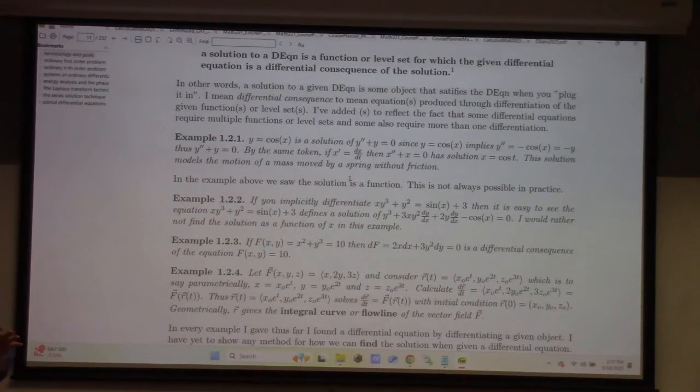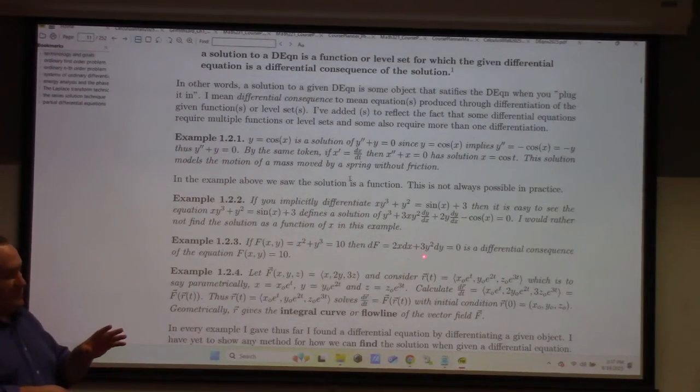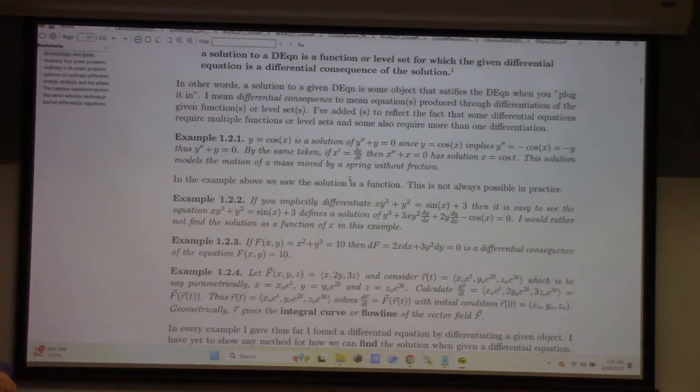So we can also write differential equations in terms of differentials. This is like a shorthand for writing a differential equation. We'll talk more about this. This is the so-called Pfaffian form of a differential equation.